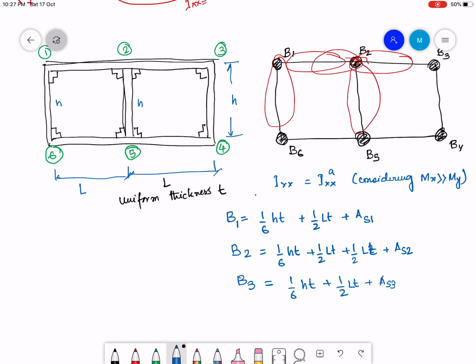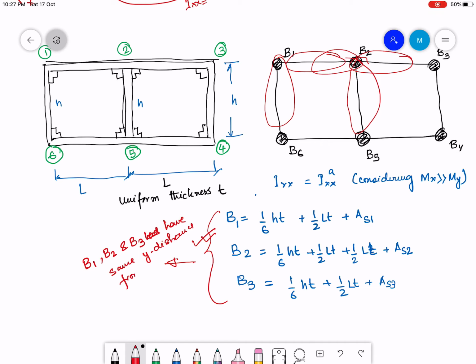If we remember the derivation we did in the last class, we know that even for this problem we could obtain this because B1, B2 and B3 have the same y distance from the x-axis.